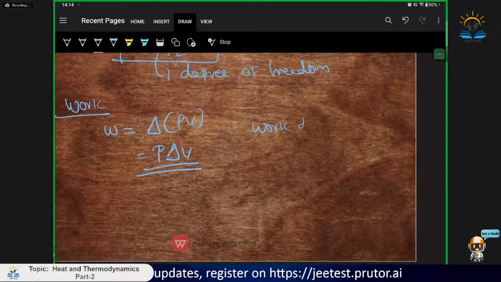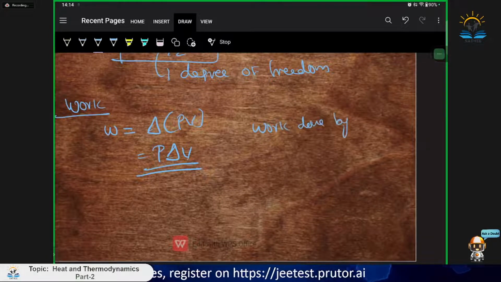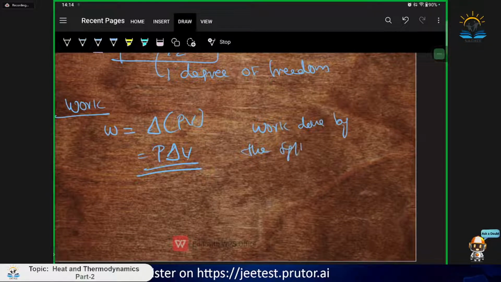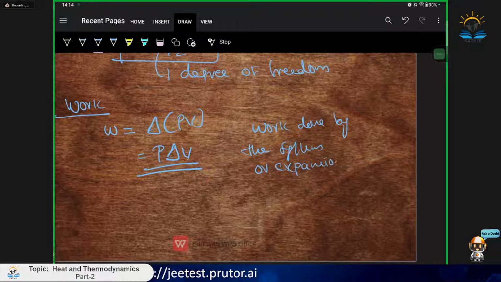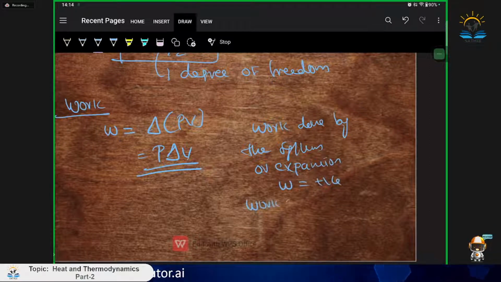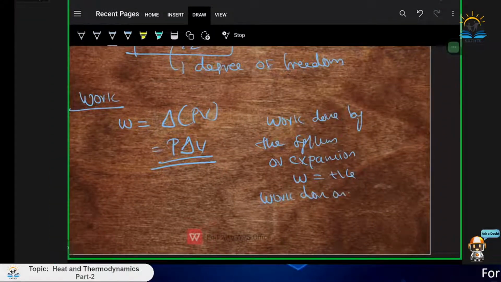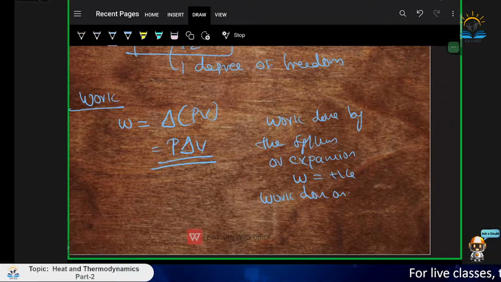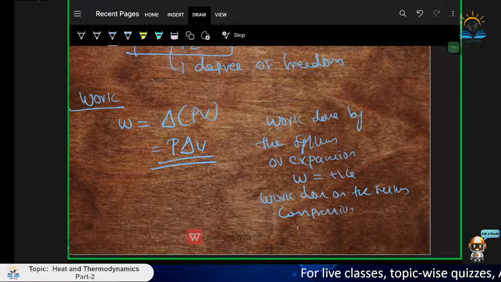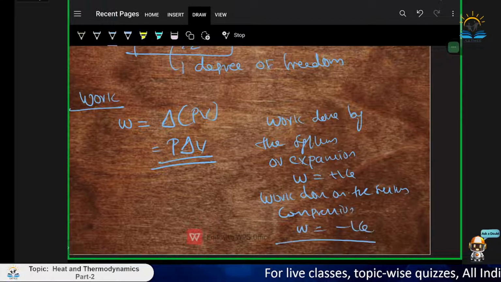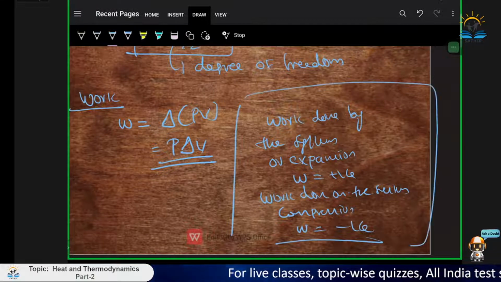Work done by the system, or expansion, is positive. Work done on the system, or compression, is negative. I hope everyone understood this much.